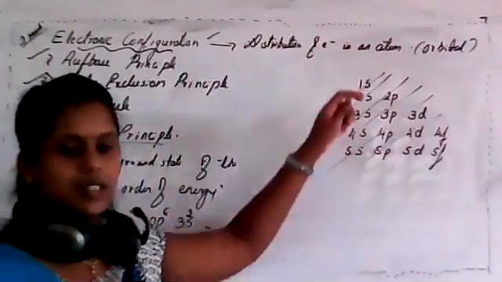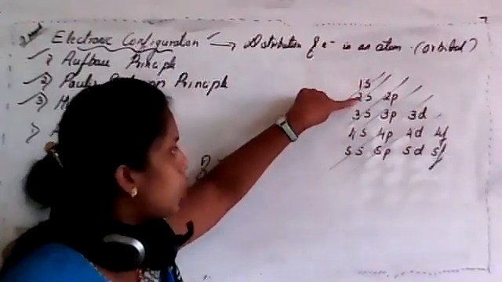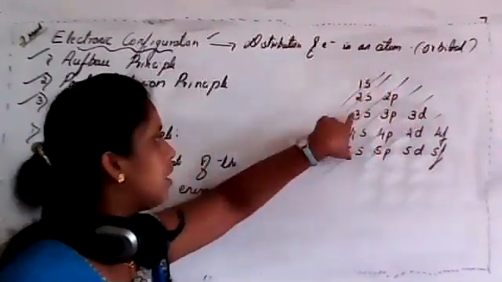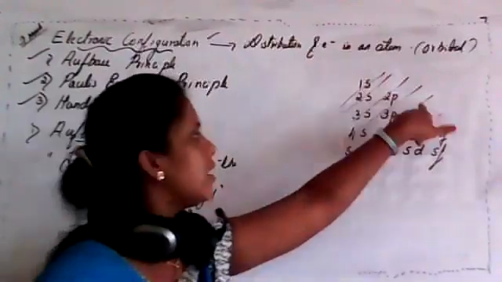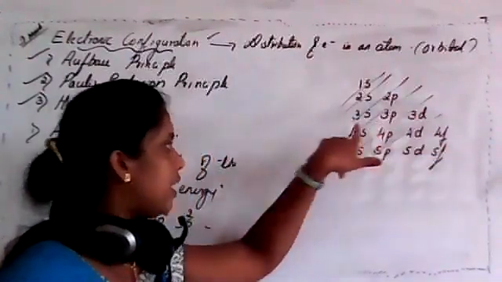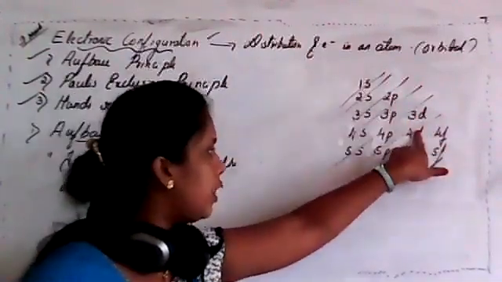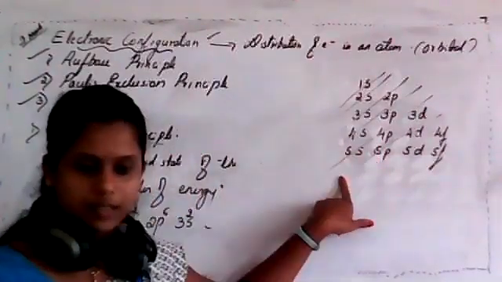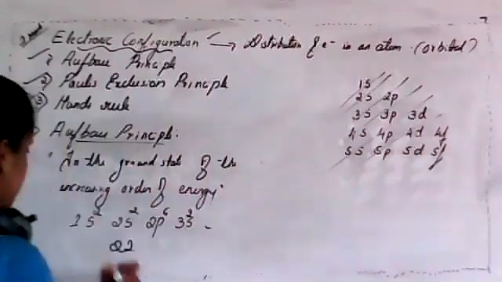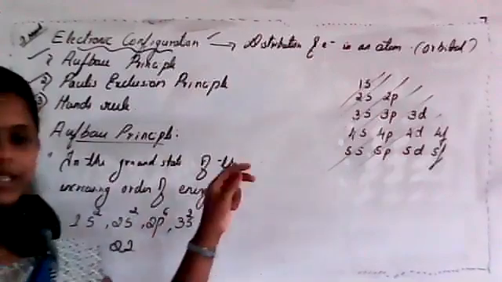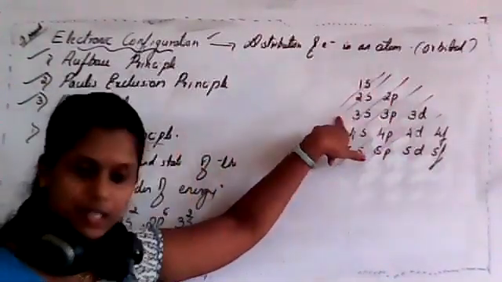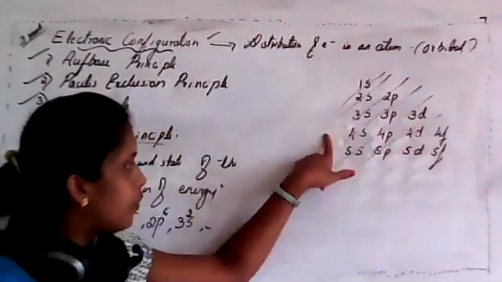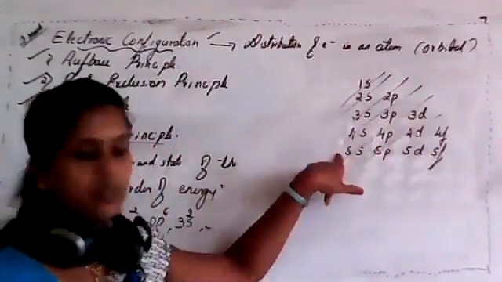That means 1s, 2s, 2p, 3s, after that 3p, 4s, after that 3d, 4p, 5s, 4d, 5p, 6s. That must be commas. 1s, 2s, 2p, 3s, 3p, 4s, 3d, 4p, 5s.